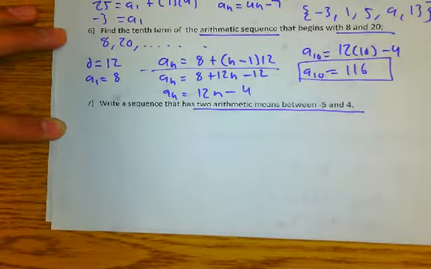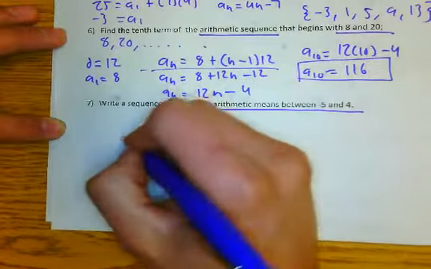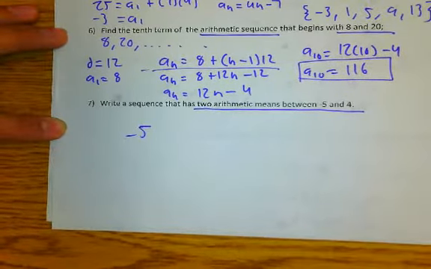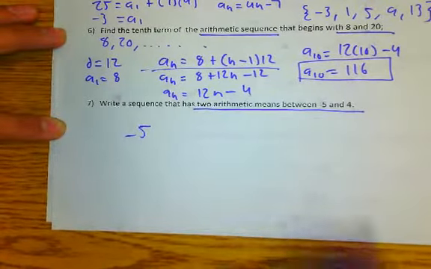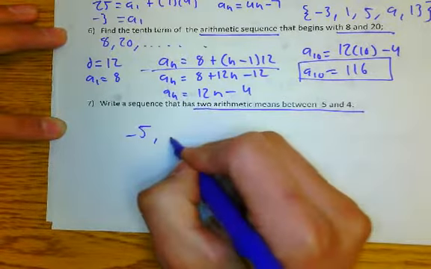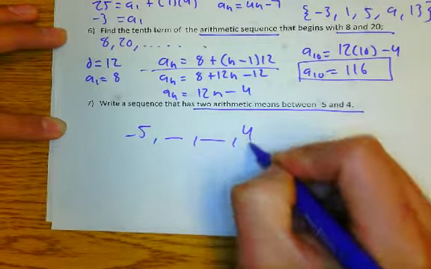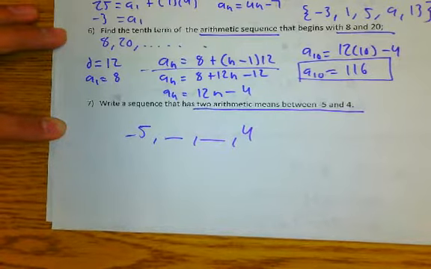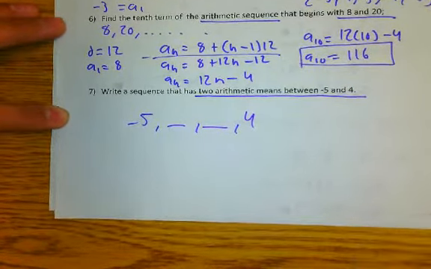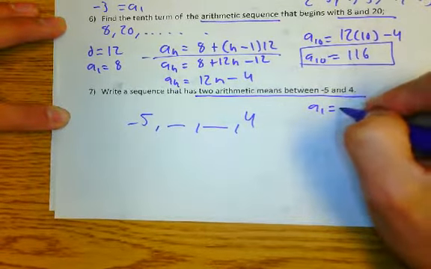Having 2 arithmetic means in between those 2 numbers means that you have 2 numbers and then 4. So then, how would we figure this out? Well, if I made a sub 1 -5 to make the problem easy, that means that a sub 4 is 4, right?